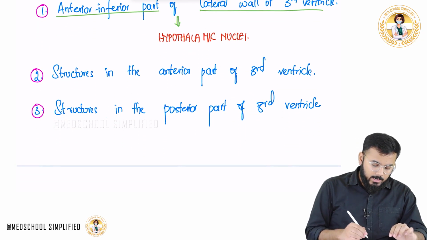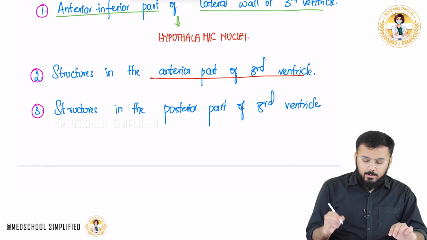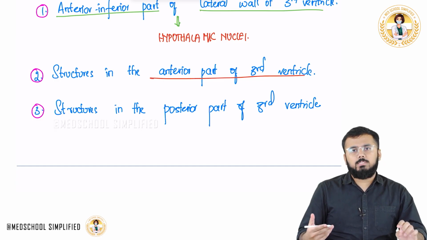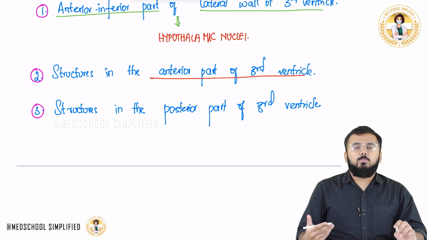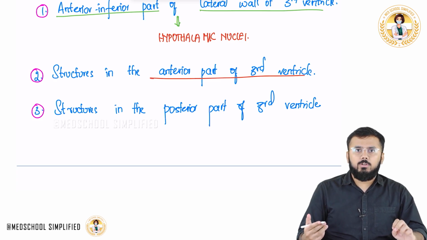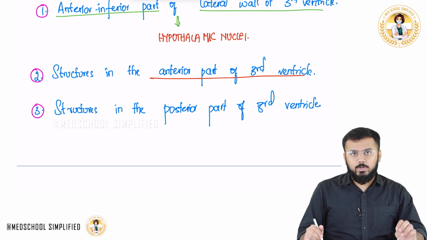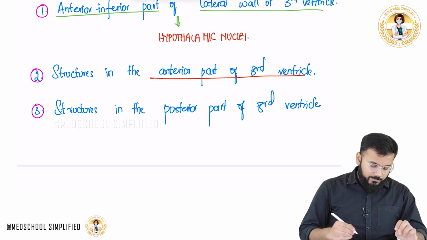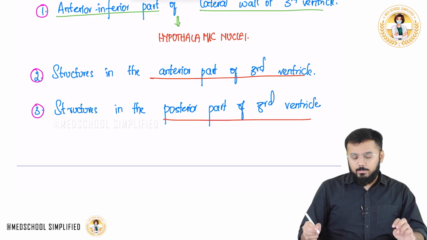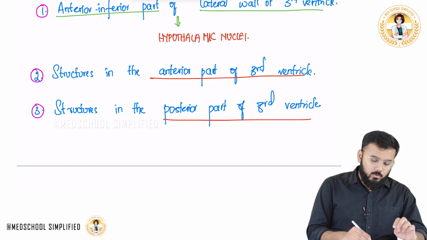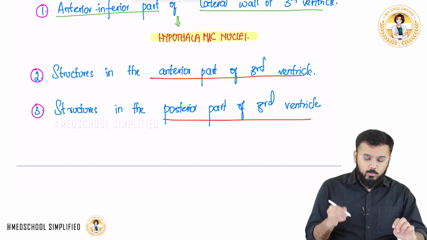Next, the structures present in the anterior part of the third ventricle: there are many, for example the optic chiasma, tuber cinereum, pituitary gland, infundibulum, and posterior perforated substance. All those we will discuss in the next lecture. Structures in the posterior part also we'll discuss later on, but today we shall mainly focus on the hypothalamic nuclei.